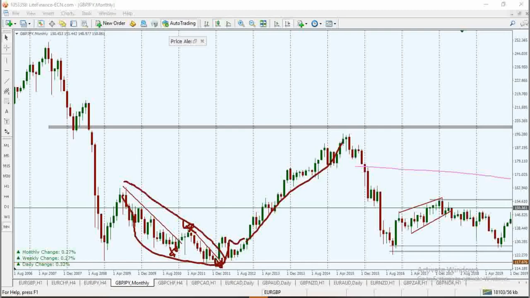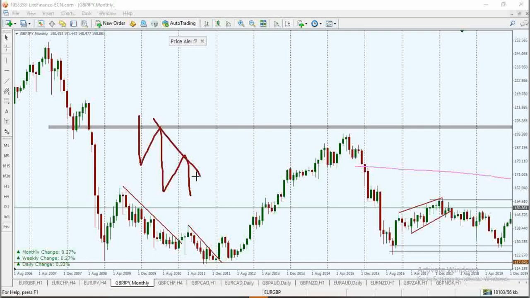Looking at this, I would like to tell those of you who are still looking at this setup, which I pointed out many times as what I call the WXY, that this is not a WXY. I got a message last year where a student mentioned we're looking at a WXY around the 2009, 2010, 2011 structure.